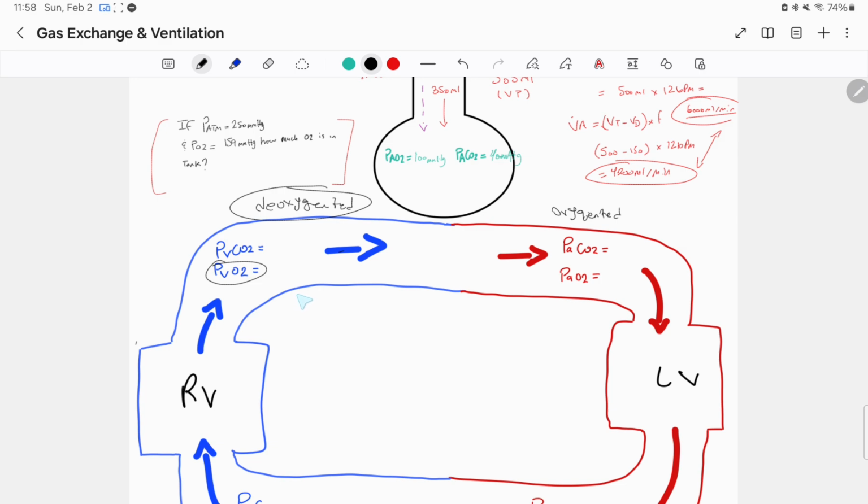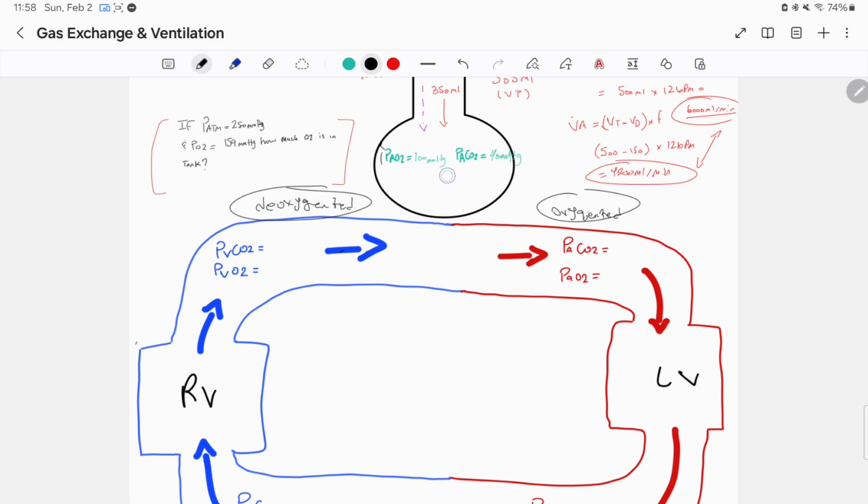What do you guys think? I think the partial pressure of oxygen in this scenario would have to be low. Why? Because things want to move from a high area to a low area, to oxygenate this bad boy and reach it all the way here. Okay, good.